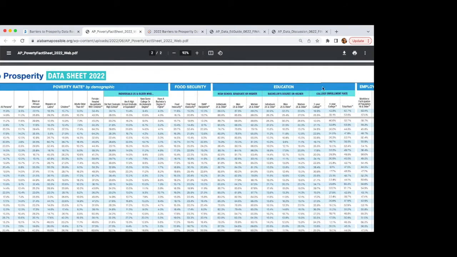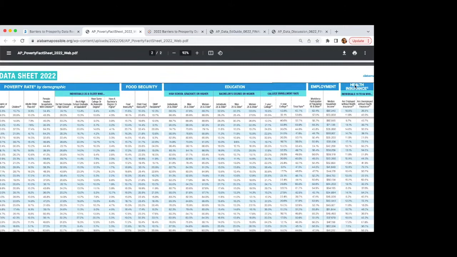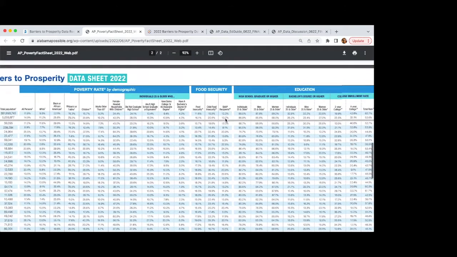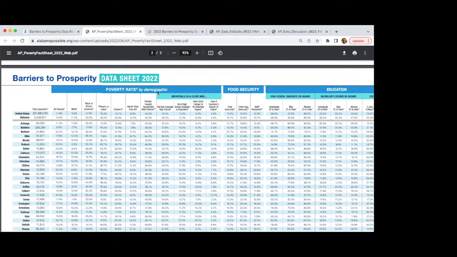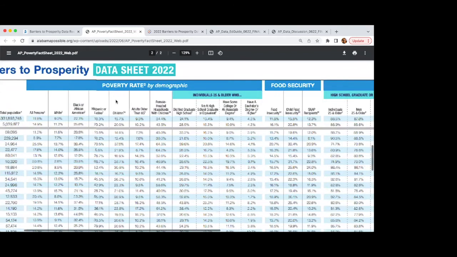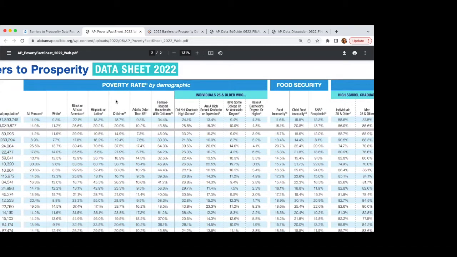So this blue bar at the top tells you which category of data you're looking at. And we're going to start off with poverty rates disaggregated by demographic. And I want to spend some time on this section of page 2 because it is the most commonly misinterpreted section of the data sheet.